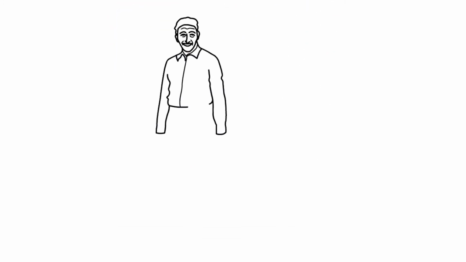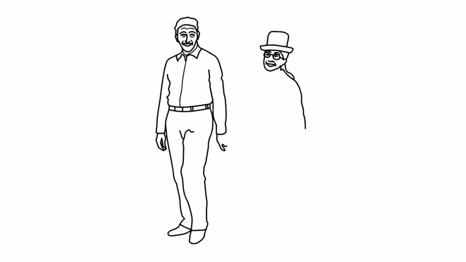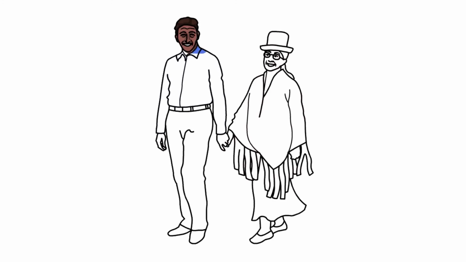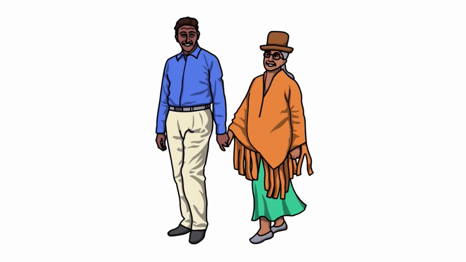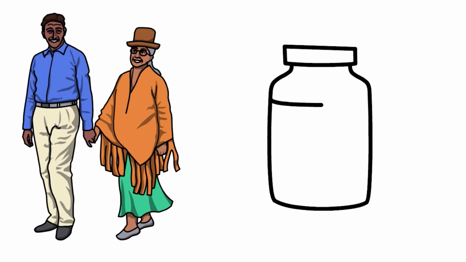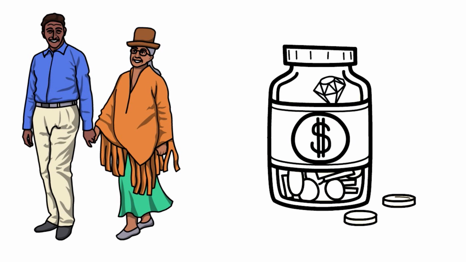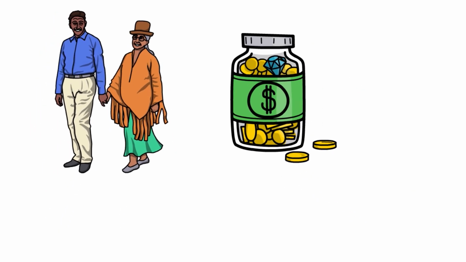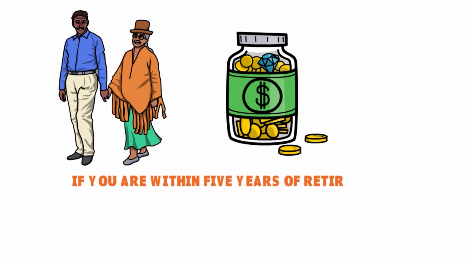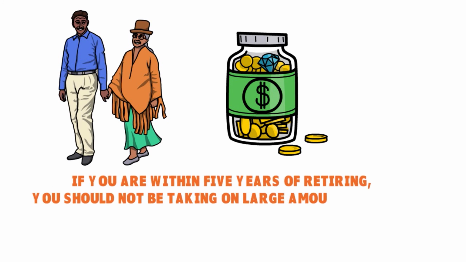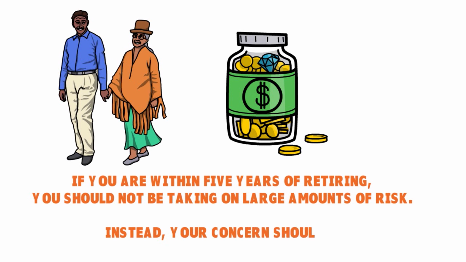As a 50-year-old, safety may appeal to you, but a low return on too large a portion of your retirement account is unlikely to provide any protection. And let me repeat that, any protection against erosion in purchasing power due to what? Inflation. So if you are within 5 years of retiring, for instance, you should not be taking on large amounts of risk.